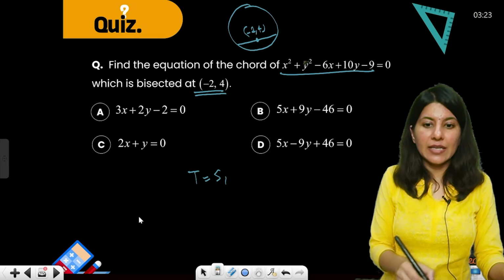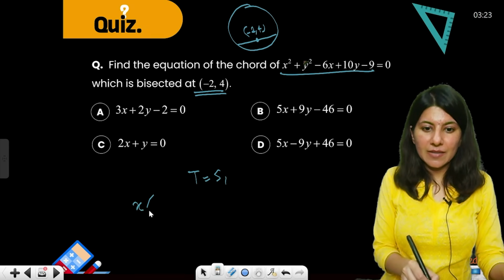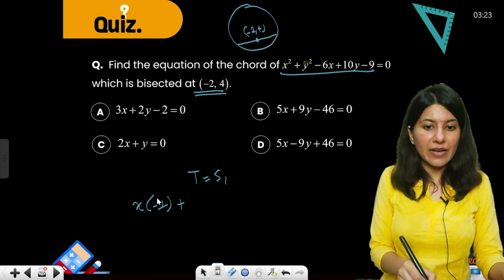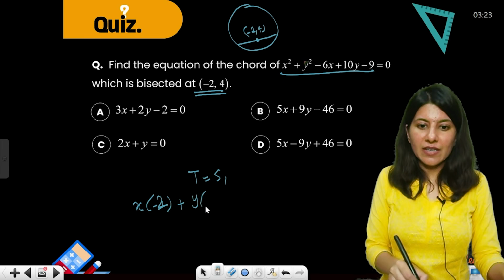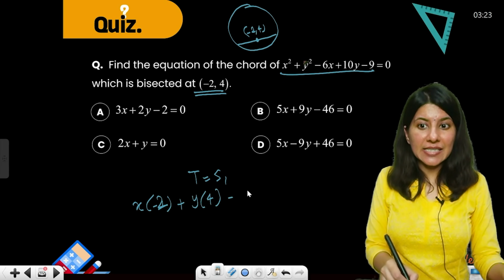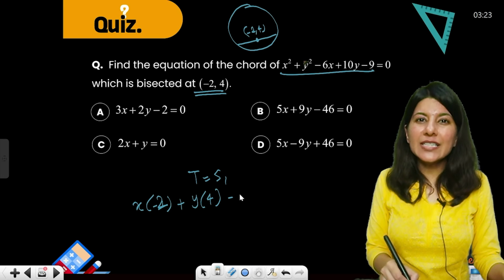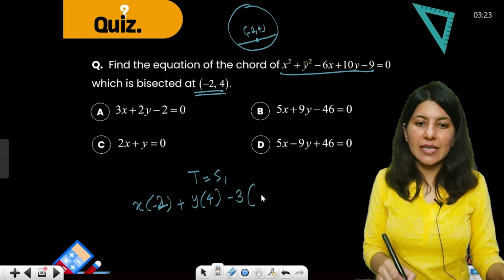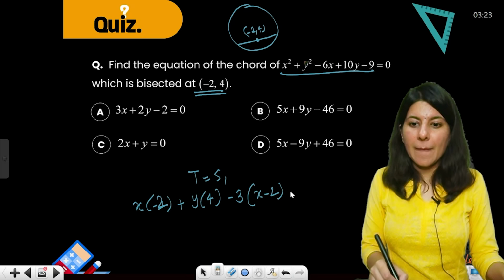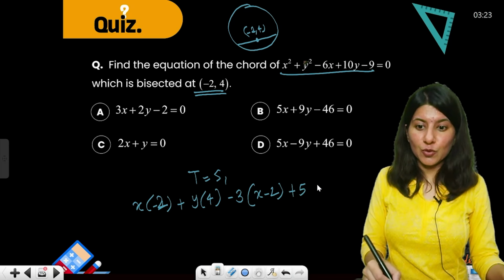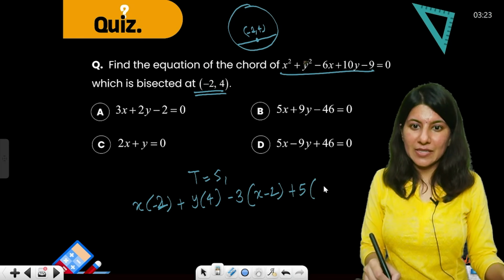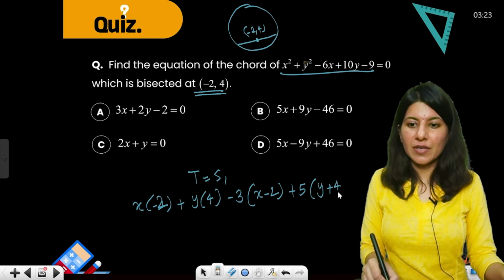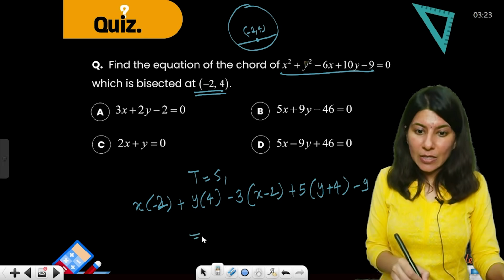T from here: x into minus 2 plus y into 4, minus, now 6x can be written as 3 into 2x, so 3 times x plus x1, plus 5 into 2y, so y plus y1, which is y plus 4, minus 9 equals S1.